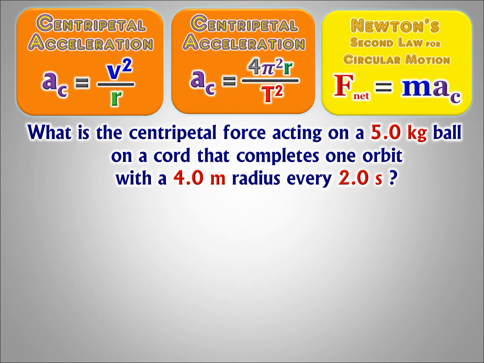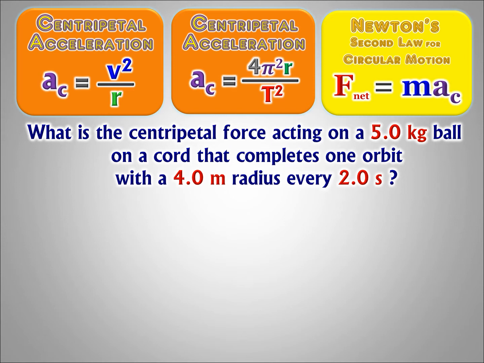Here goes another tricky one. What is the centripetal force acting on a 5.0 kilogram ball on a cord that completes one orbit with a 4.0 meter diameter every 2.0 seconds? Okay.